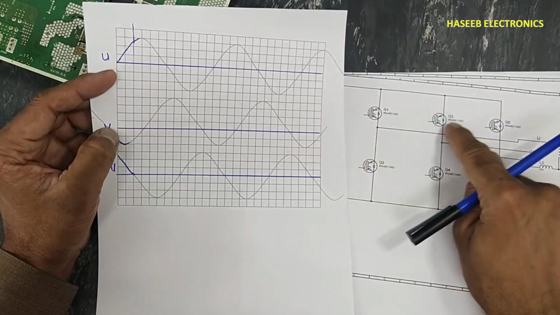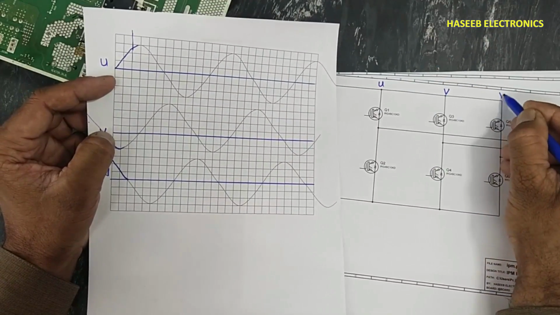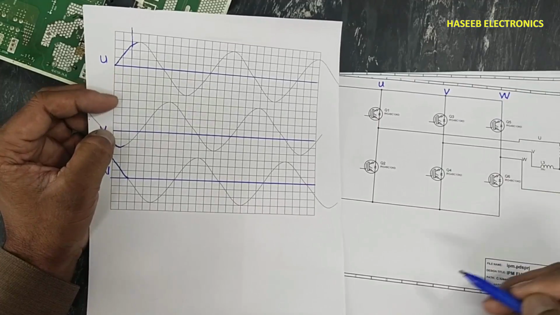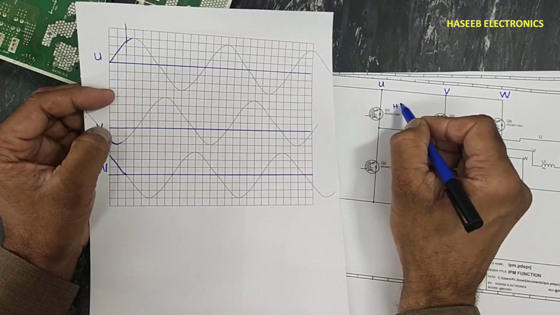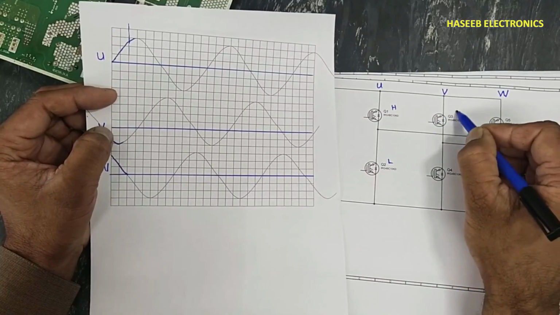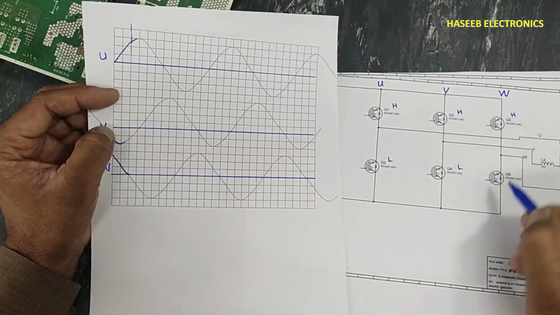For V, we can say this is U, V, W. Now this is high, low, high, low, high, low.